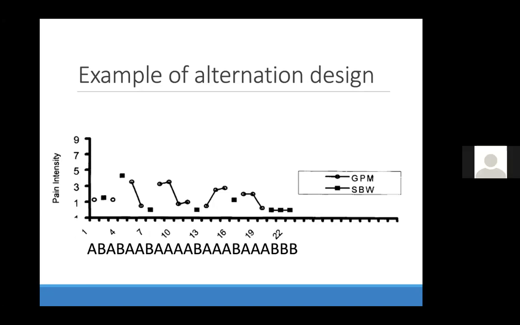But how would you analyze this data? You would do the mean of B, because this is an alternation design, this is not a phase design, so the analysis is a little bit different. But we would do the mean score of pain B and the mean score of pain A, and do the difference of these scores, and then we would be able to say if the B intervention was really working here compared to the A intervention.